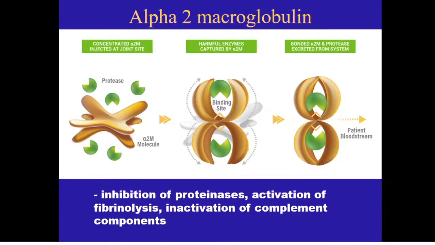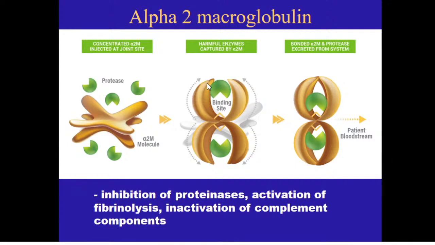Another important plasma protein is alpha-2 macroglobulin. This is an inhibitor of proteinases, activation of fibrinolysis to prevent thrombosis at the necessary time, and inactivation of complement components which are proteolytic and can be dangerous for ourselves.